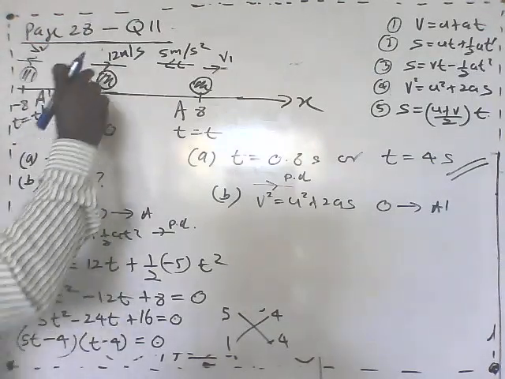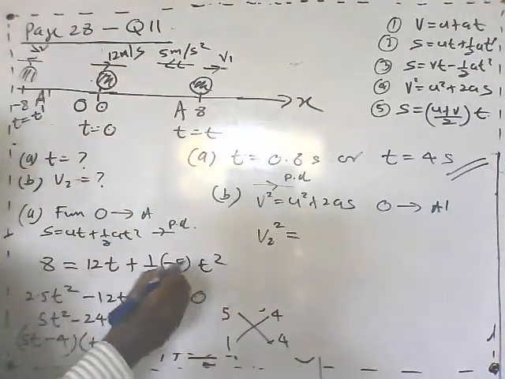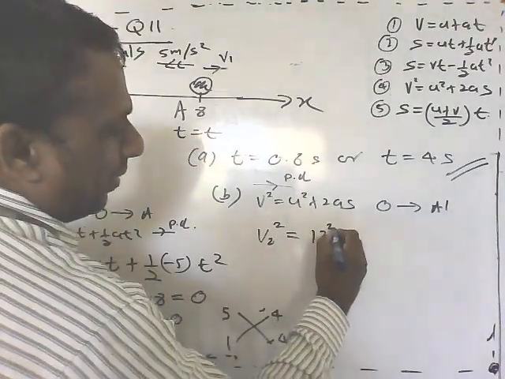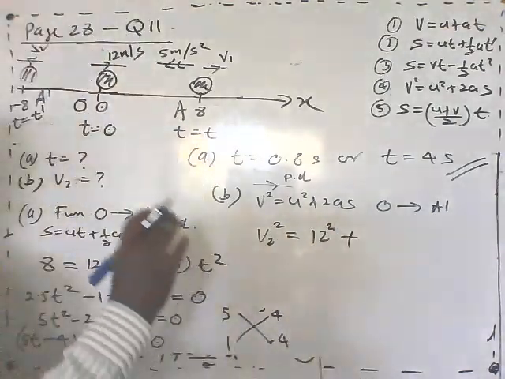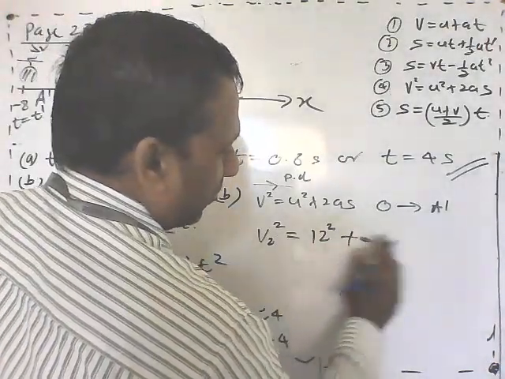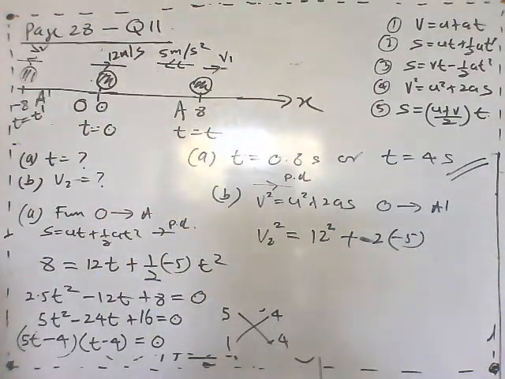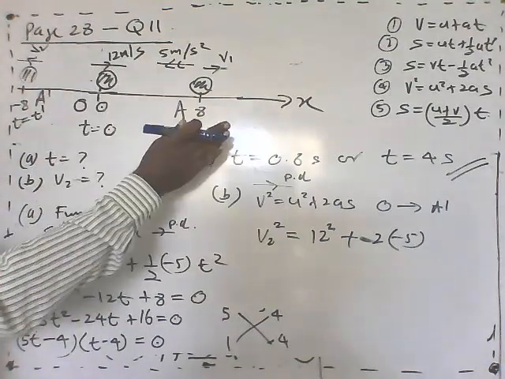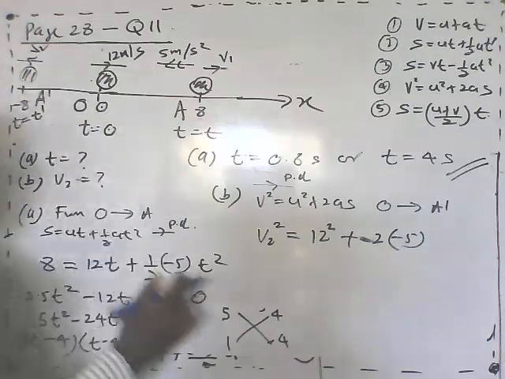The final velocity we want to find, we will say v2 squared. Initial velocity we will put as 12 squared, in the positive direction, plus the deceleration, which is minus 5, so plus 2 times minus 5, and the displacement. Now we are applying the equation in the positive direction, and from the origin to A dash it is minus 8.